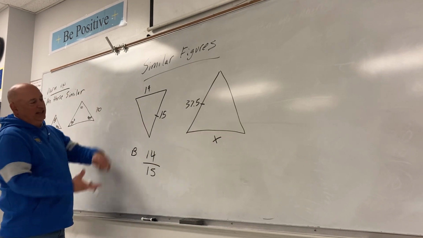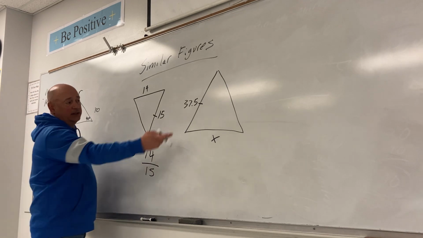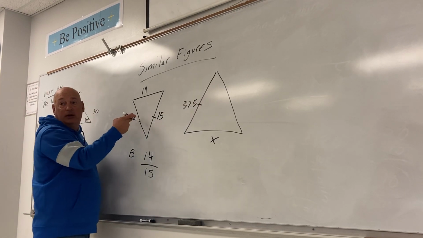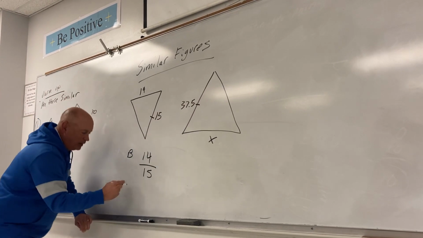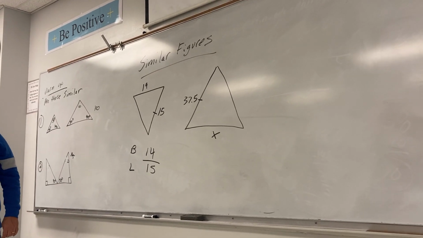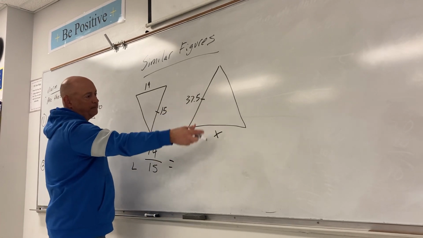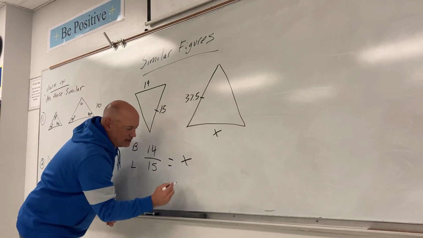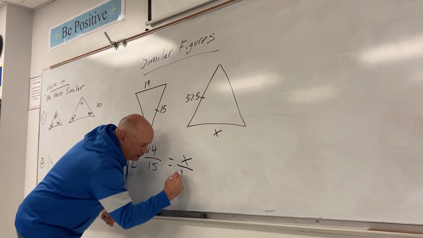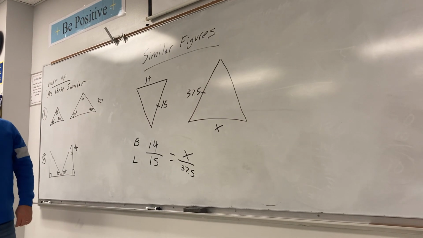And then 15, if we flipped it, would that be the left or the right? Well, look at this picture over here. Do you see the mark in the mark? That's the left. So I put bottom over left. Are you with it? I have to put bottom over left in the other one. What's the bottom over here? X. What's the left over here? 37 and a half. All right, questions?